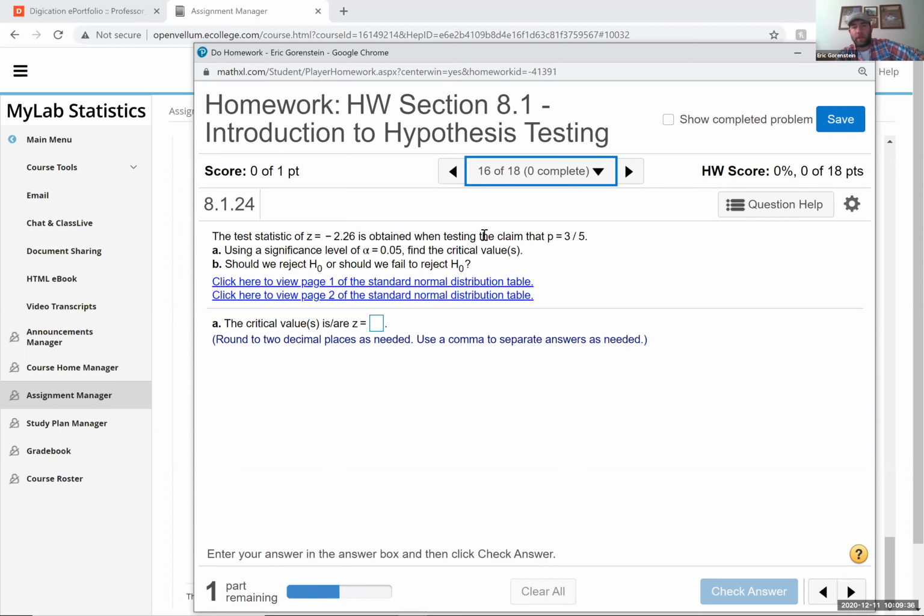So in this case, the claim is already given, right? Yep. The claim is given that P equals 3/5, or you could convert that to 0.6, either way. And then once you have the claim, the next thing you do is determine what is your null hypothesis and alternate hypothesis.